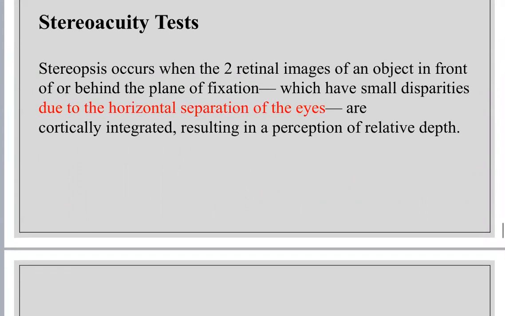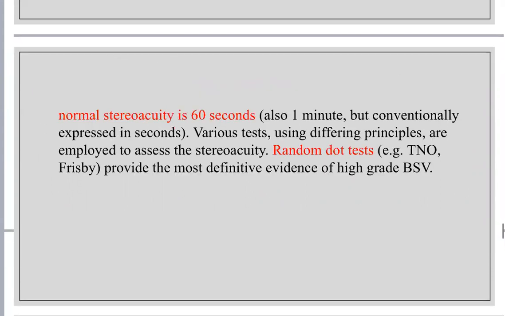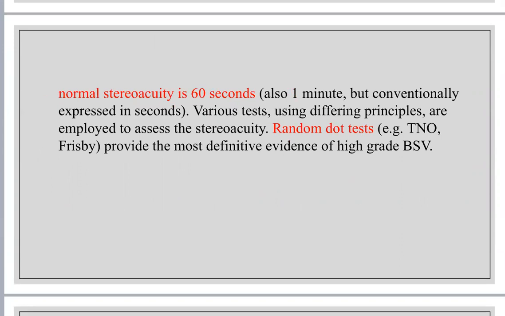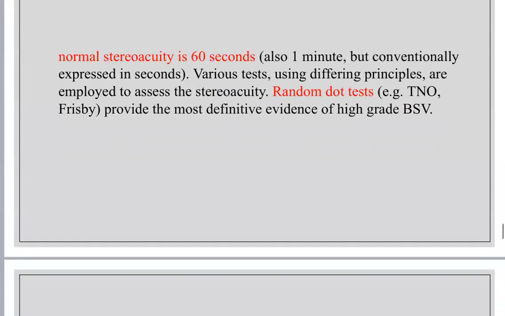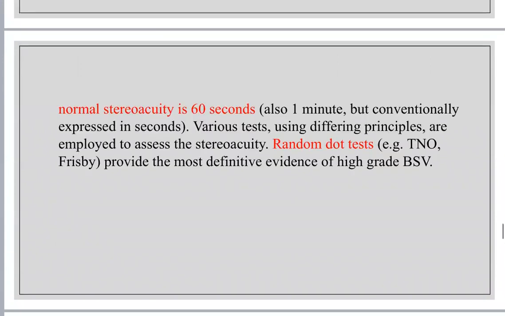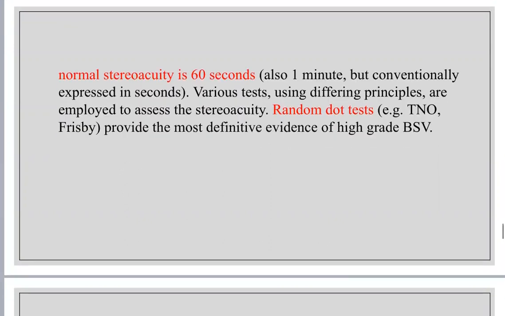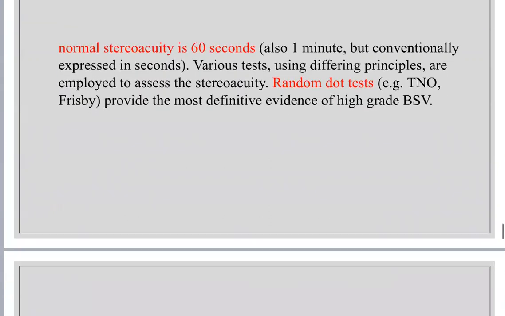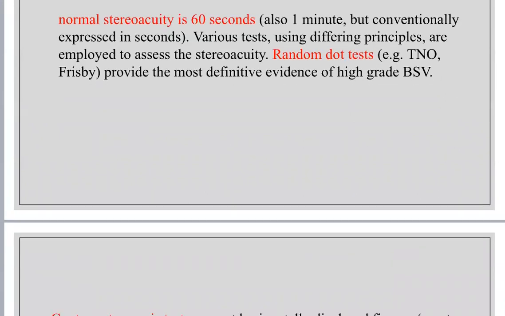Stereo acuity testing, this is not that important, but let's focus on this: the normal stereo acuity is 60 seconds of arc. Here I do have the random dot tests, and also the contour tests. The random dot tests like TNO, Preschool and Lang provide the most definitive evidence of high-grade binocular single vision.